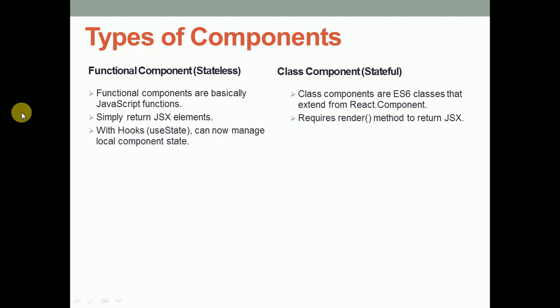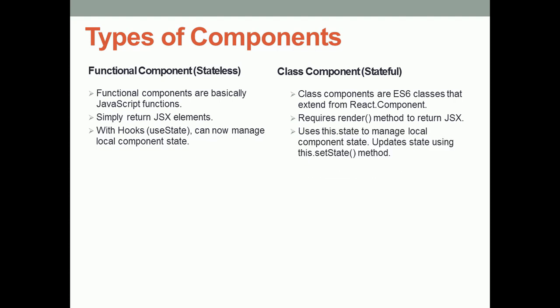Functional components use hooks to manage the local component state. Hooks were introduced in React version 16.8, so you can use hooks in that or later versions. In the class component, we use this.state to manage the local component state, and to update the state we use the this.setState method.